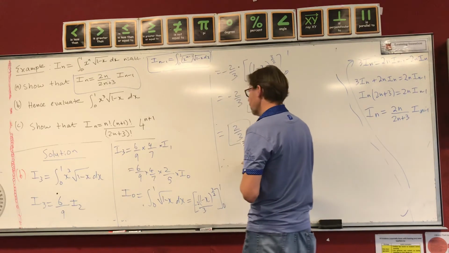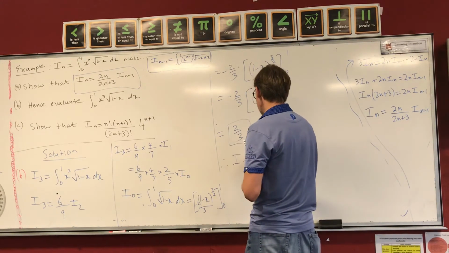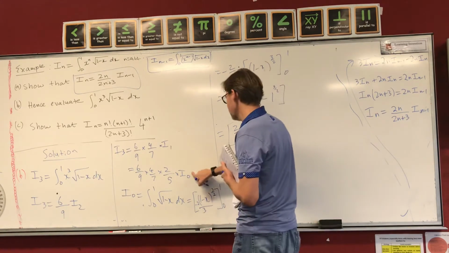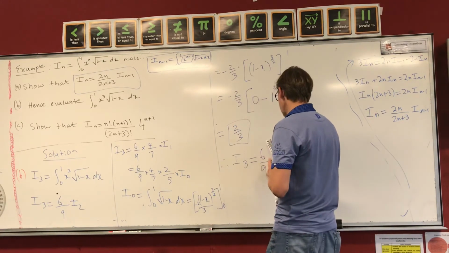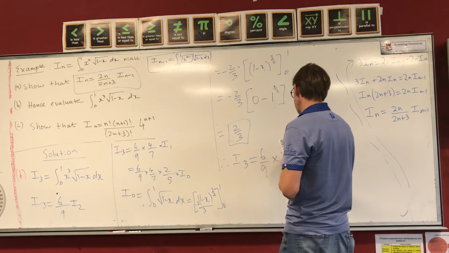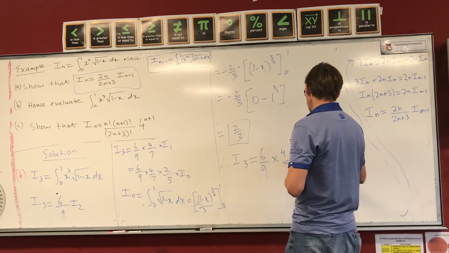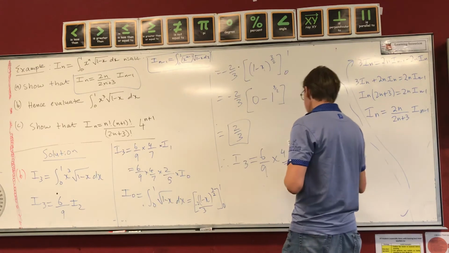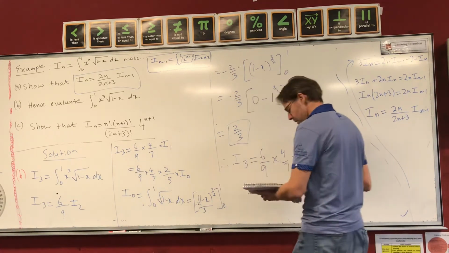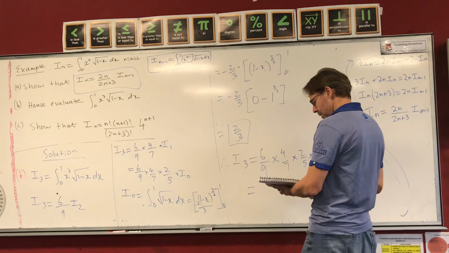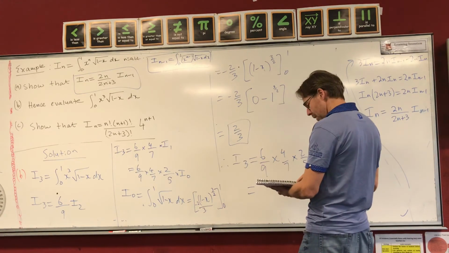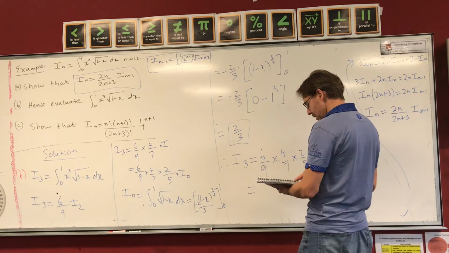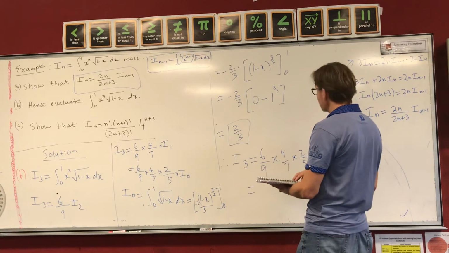So what can I say therefore? I3 equals, coming back from here, 6 over 9 times 4 over 7 times 2/5 times 2/3, which equals, did I get 2/3 there?